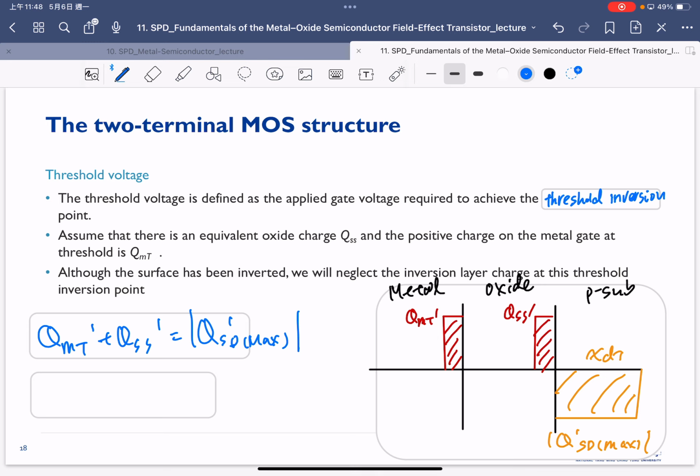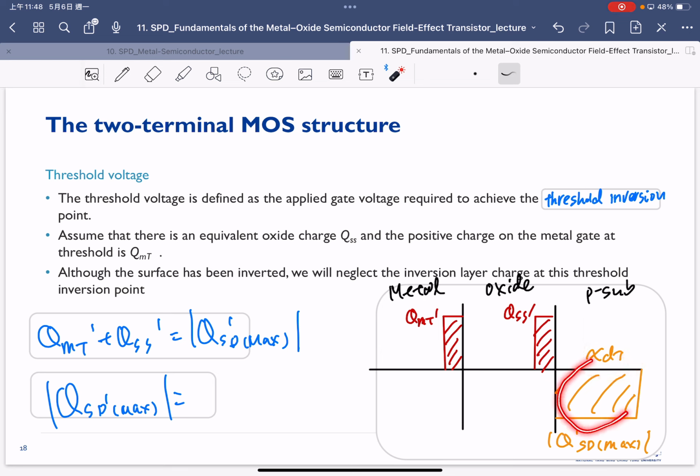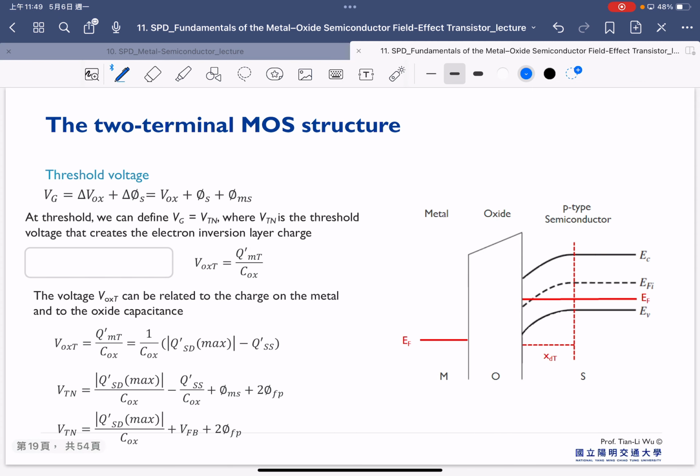And this one is equal to the depletion width times your NA, and that's equal to what we have here. The threshold voltage can then be calculated as shown here.